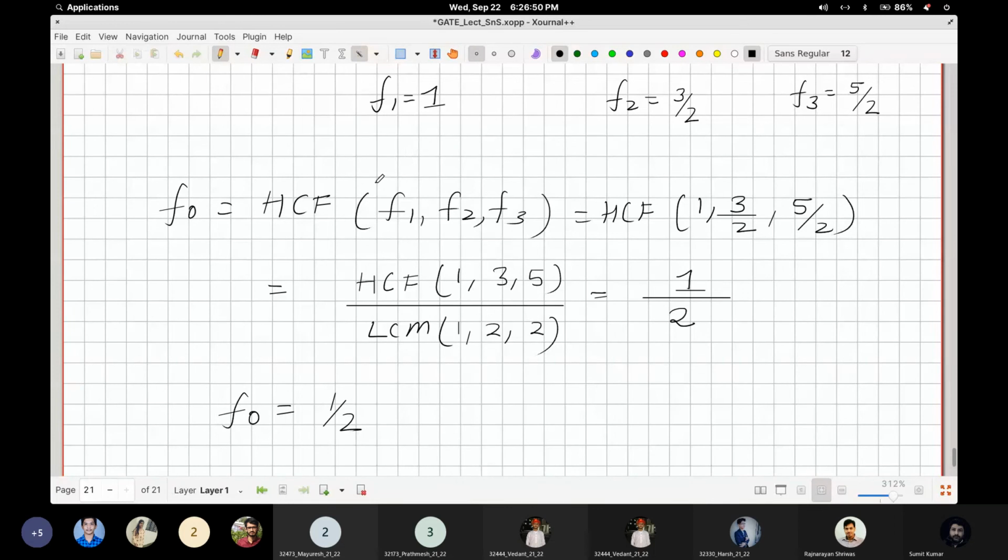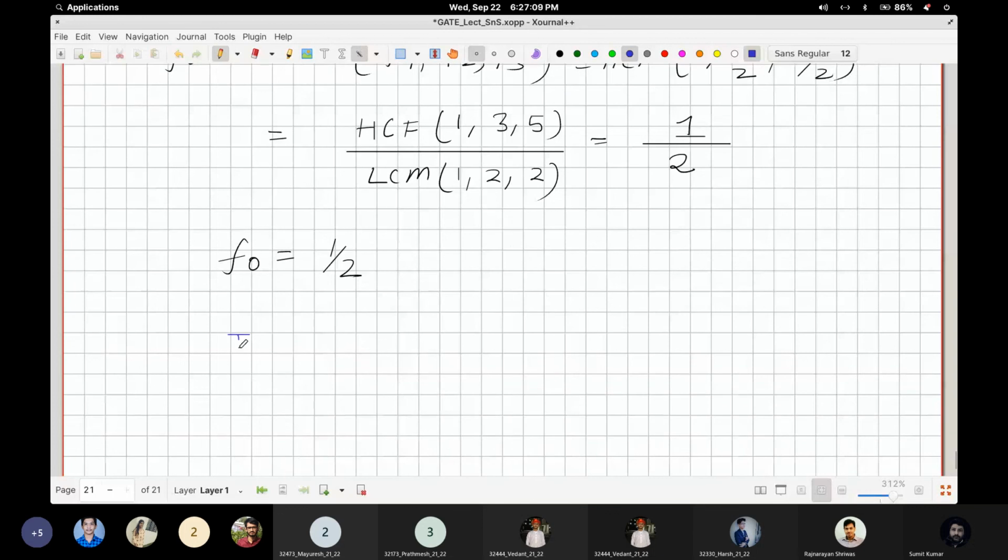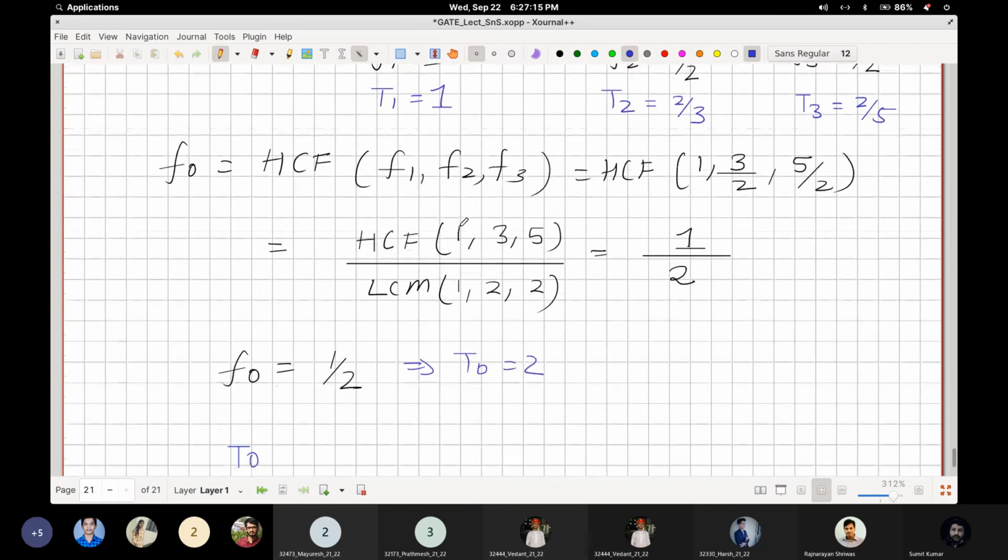And if you look at it in terms of T1, T2, let me do this in terms of periods as well. So T1 here is going to be 1. What will be T2? 2 by 3, right? What will be T3? 2 by 5. And what will T0 be?